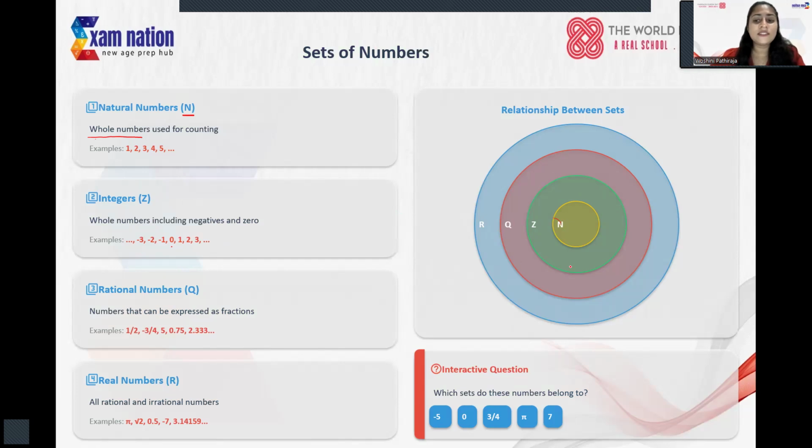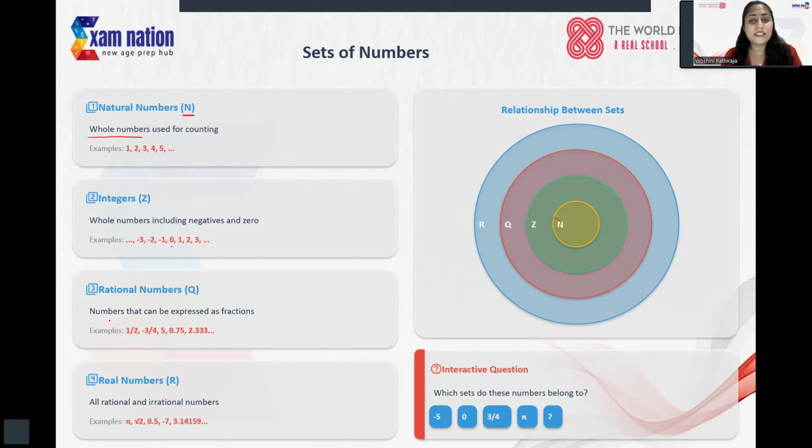Then what is this pink color set? It represents rational numbers. Rational numbers are numbers that can be expressed as fractions. Many numbers we can write as fractions, but there are some numbers we cannot write as fractions. We will learn about those in the next part.